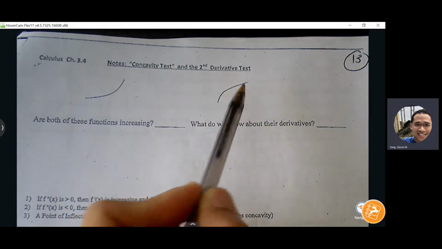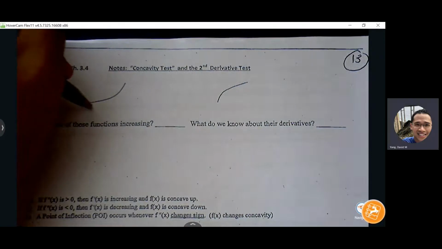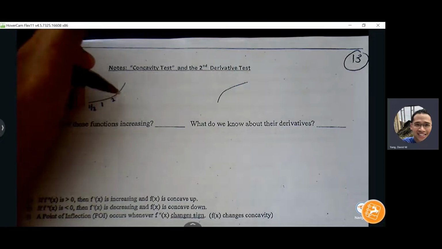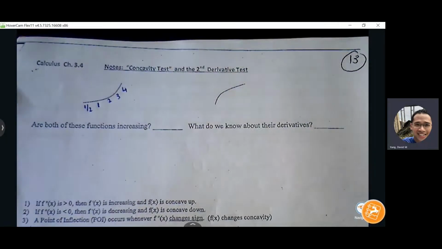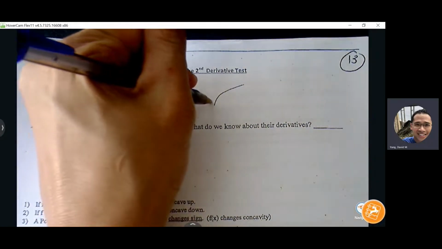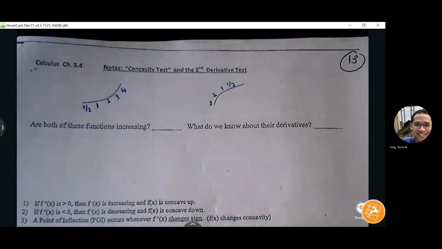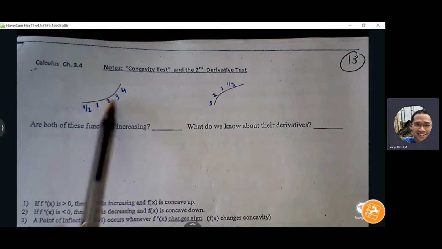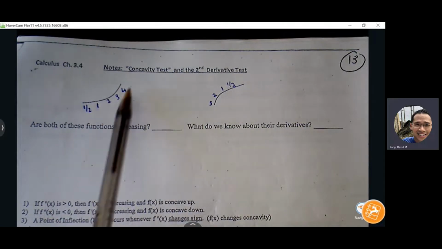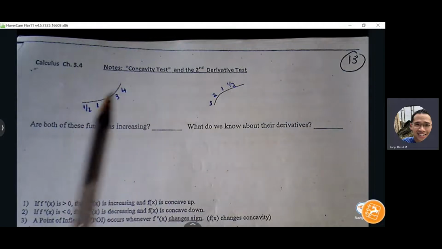For instance here, maybe this is a slope of 1/2, then it goes to 1, then 2, then 3, then 4. I'm just throwing out ballpark values here. Meanwhile, over here, maybe you start off with a slope of 3, then 2, then 1, then 1/2. They're both exhibiting positive slope, but you can obviously tell the difference in their movement.